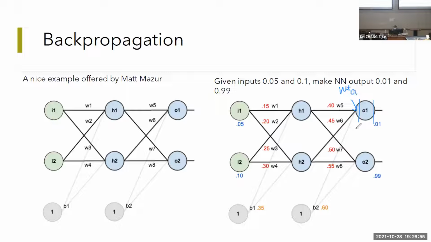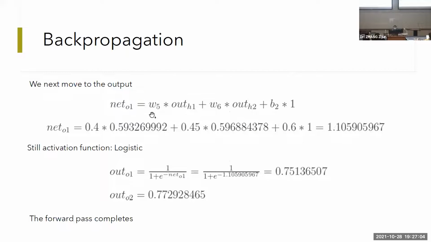Net O1 equals weight 5 multiplied by the output of hidden node 1 plus weight 6 multiplied by the output of hidden node 2 plus the bias 2. By plugging in the numbers we have initialized, it's 1.1059.